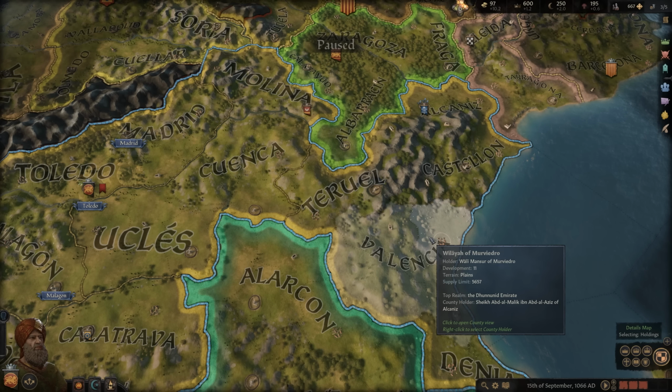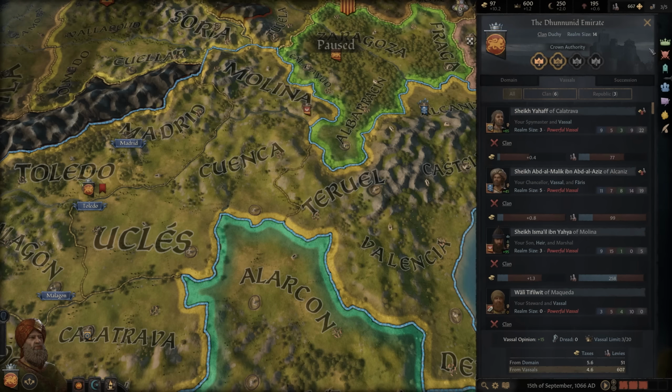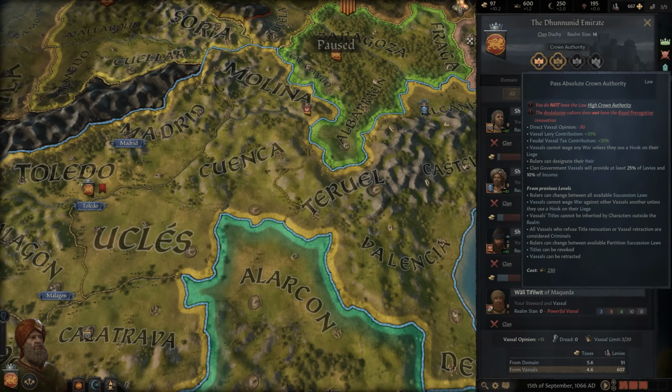And one thing also to take note here too, is that the higher your crown authority, the more penalty that it's going to give you. So direct vassal opinion is minus 30. So you're constantly having to navigate around the vassal opinion as you push yourself higher up in the crown authority, which would, like I said earlier, guarantee you a minimum amount of levies and income, but you do have to worry about the hit to the vassal opinion that it's going to cause.